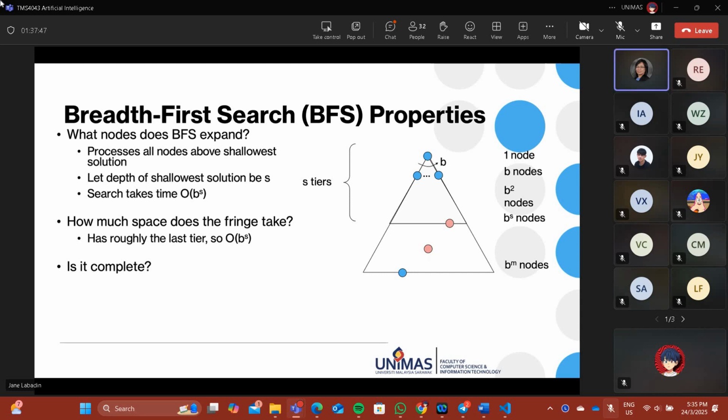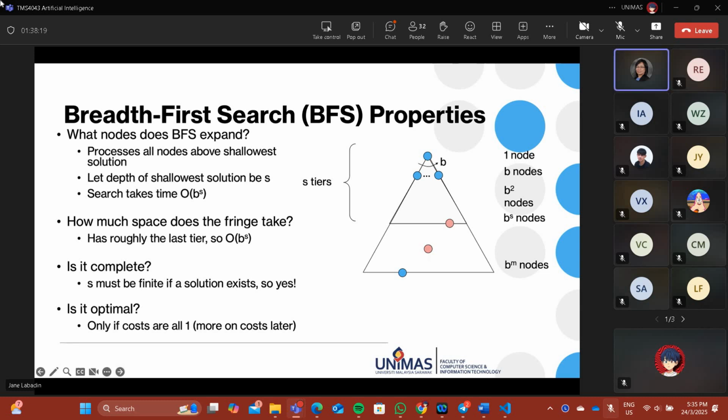Is it complete? Because you're moving on the shallowest first, and S must be finite if the solution exists, so it is complete, because you can find the solution. Is it optimal?